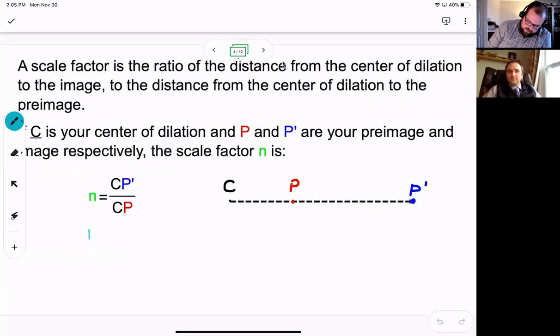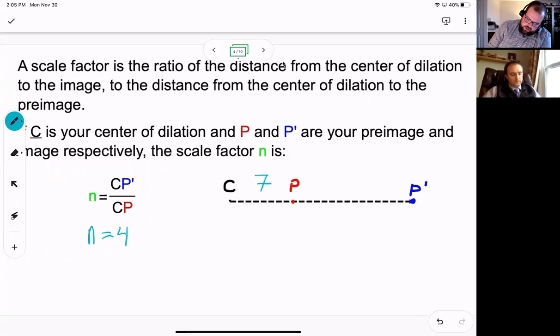So for example, if we knew it was a scale factor of 4, this is one of the tricky things about this. I think this is a good time to talk about this. If CP was, I don't know, 7, we often try to say that PP prime would have to be 4 times 7, but that's not accurate.